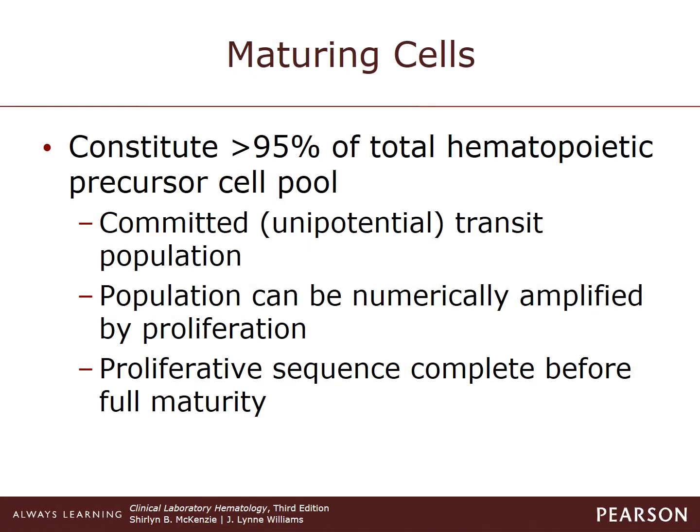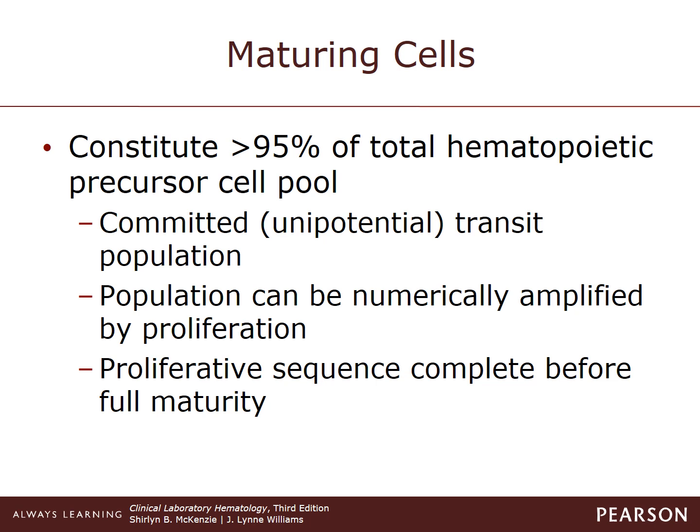After a series of amplifying cell divisions, the committed precursor undergoes a further change when the cell takes on the morphological characteristics of one cell lineage. Maturing cells constitute the majority of the precursor cells. Proliferation and amplification boost the cells to 95% of the total precursor cell pool.